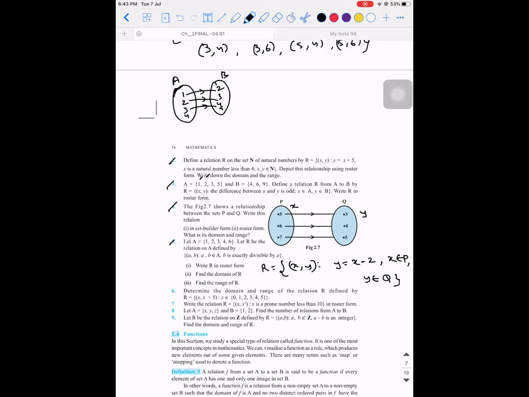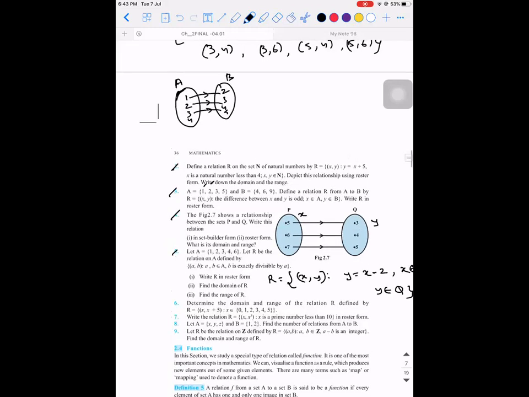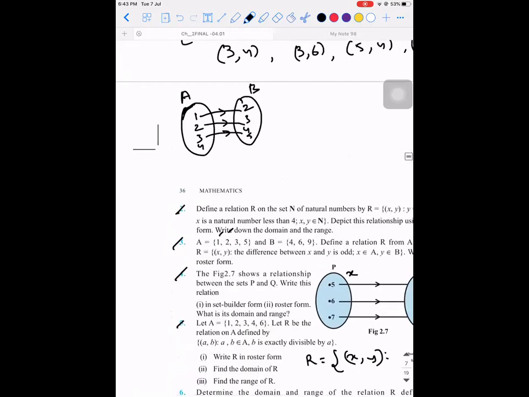Now, what are all the elements from the set A which are participating in the relation? Participating means being a part of the arrow diagram. According to the diagram I've drawn, they are 1, 2, and 3.